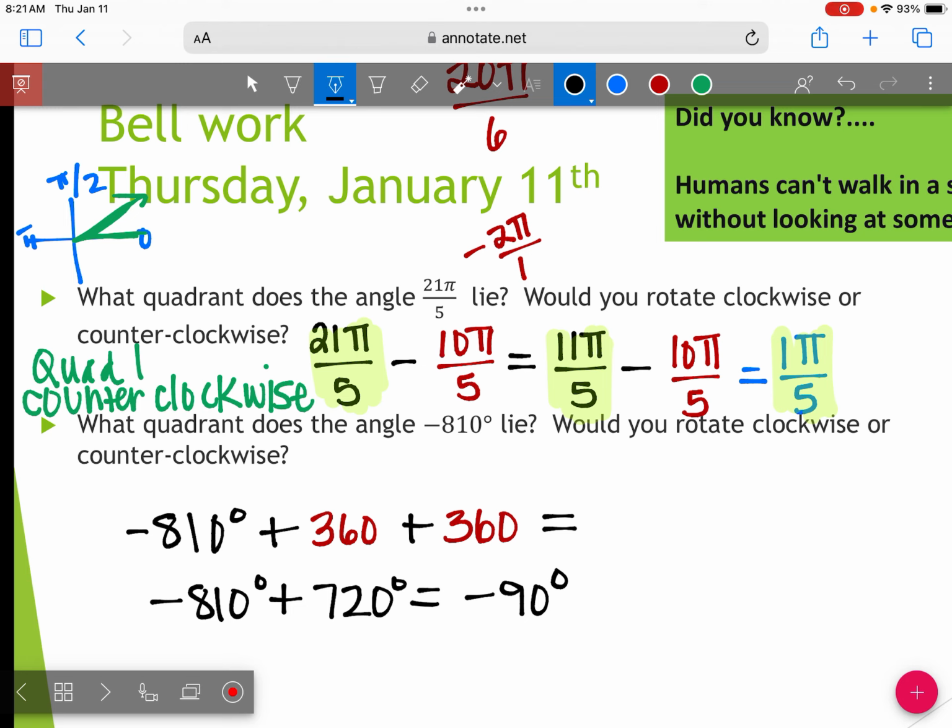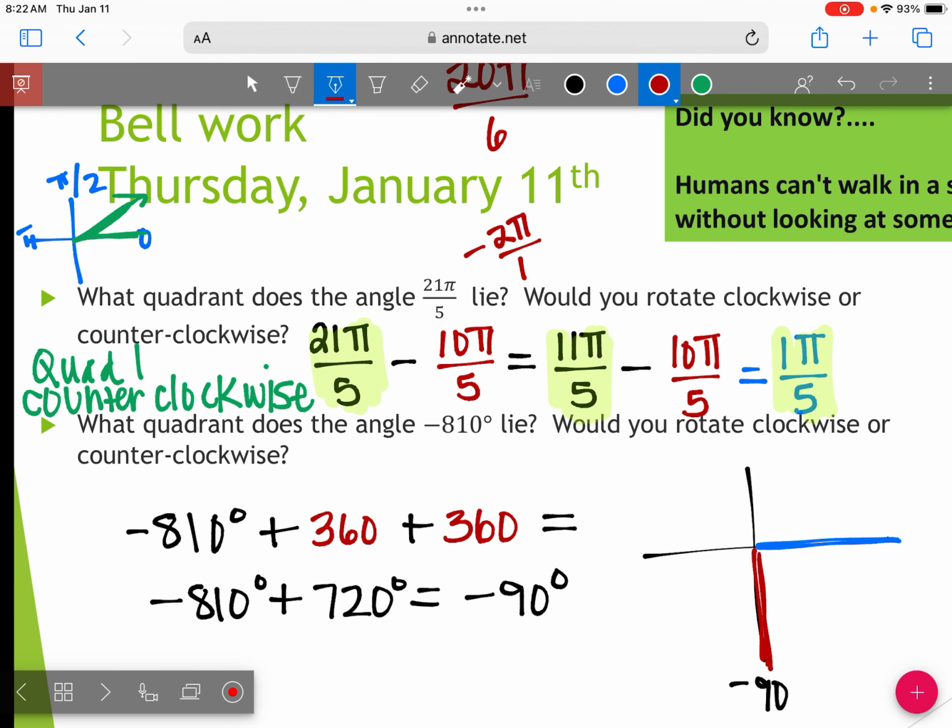Okay, so negative 90 on the unit circle would fall right here. That's technically not in a quadrant. Would you agree that it's not in quadrant 4 and it's not in quadrant 3? It is actually directly on the axis.